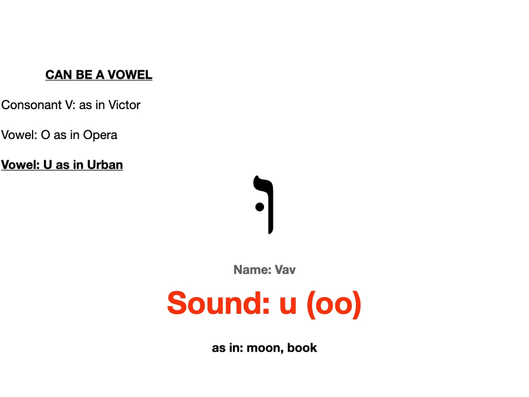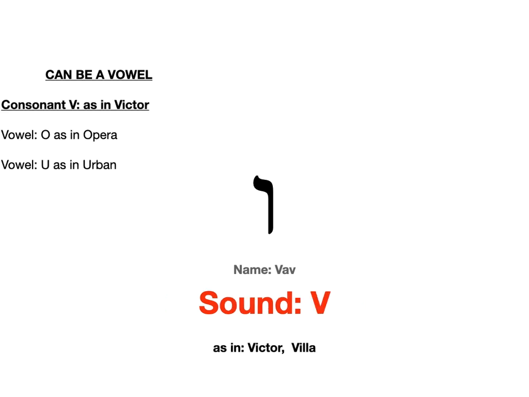So again, we have three ways of reading this. If there is no dot above or in the middle, this is a consonant, and the consonant is V, like Victor. One way to recognize that this is a consonant is that it will have some kind of vowel underneath, either the little T that we saw or some kind of a dot underneath.